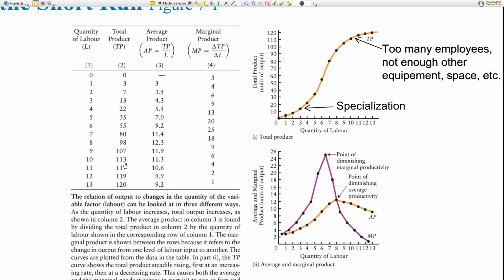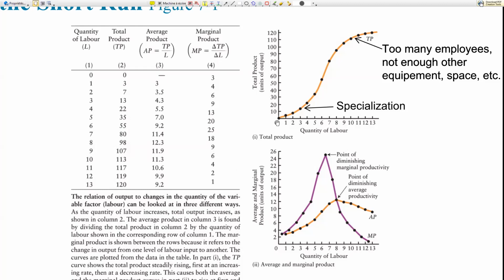Then they're looking at their averages. So that's why it looks strange, but you could think it's 7 minus 3, then 13 minus 7, then 22 minus 13. It's roughly around this concept here. So it's increase in total product divided by increase in labor.